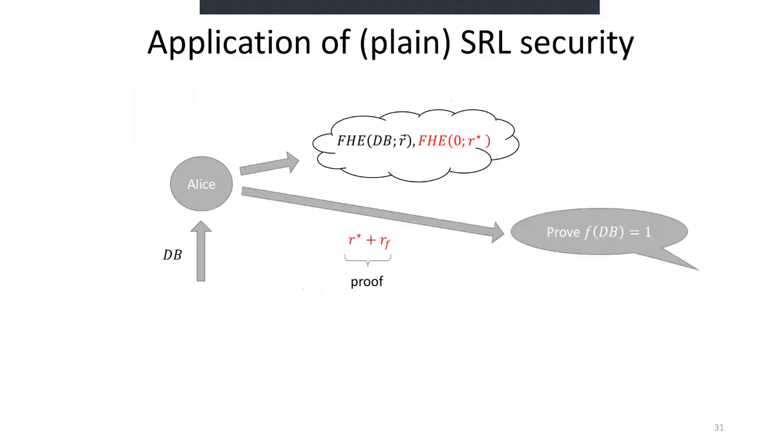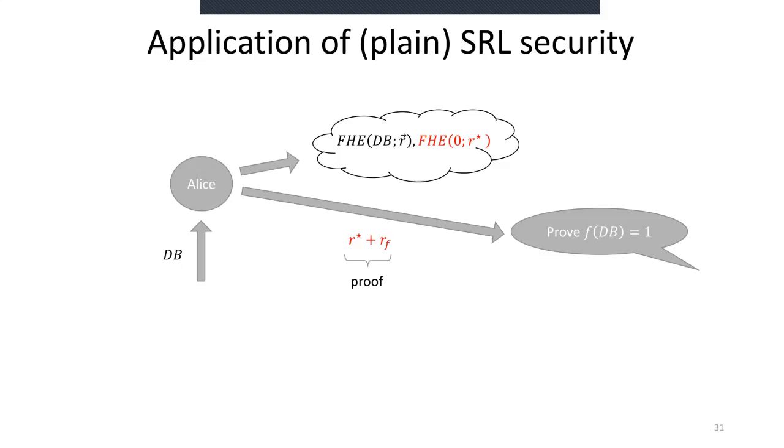Then later on, you are asked to provide a proof that your database satisfies some predicate F. You can ask Alice to produce a proof, and she will send the SRL, this shielded randomness leakage, as the proof.